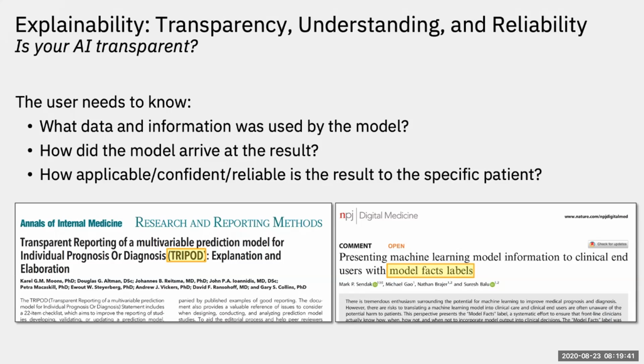One is the Transparent Reporting of a multivariable prediction model for Individual Prognosis Or Diagnosis, or TRIPOD statement, which is a checklist of 22 items that tries to improve the reporting of prediction model studies. The other is a model facts label that provides information so that clinicians know how, when, and when not to incorporate machine learning model outputs into clinical decisions.